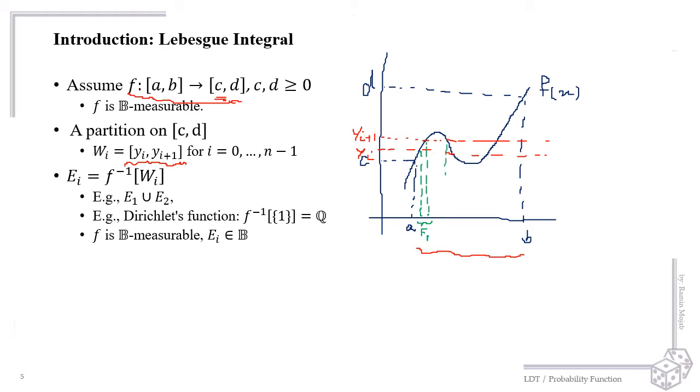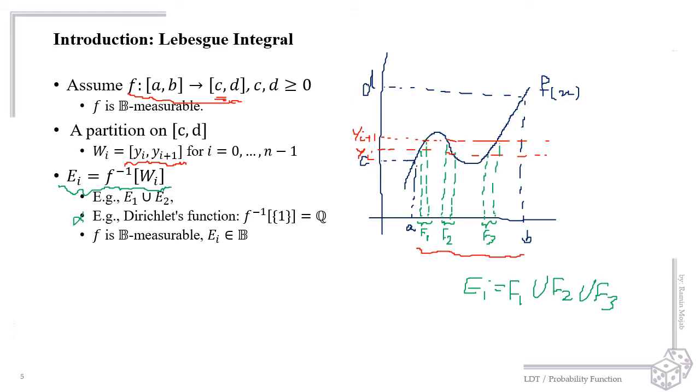We'll also have this partition f2, and here we have f3, and therefore here ei, which is the preimage of wi, is the union of f1, f2, and f3.